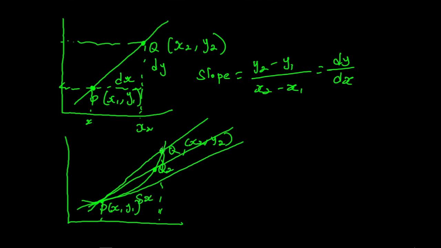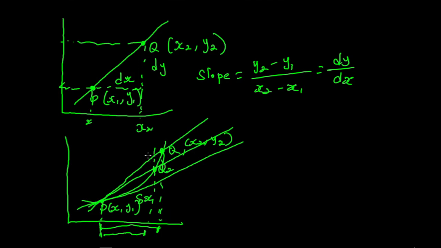If the point Q1 now moves to point Q2, we see that the difference between the x values and the y values is going to reduce. For example, in the first case, our delta x is from here to here. Now in the second case, our delta x is from here to here. So we see that as Q is moving closer to P, delta x is reducing. That means delta x is approaching 0.